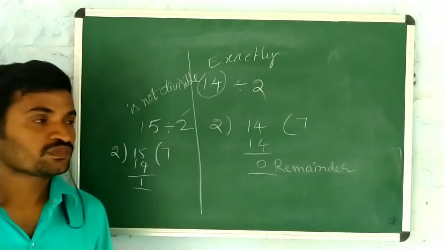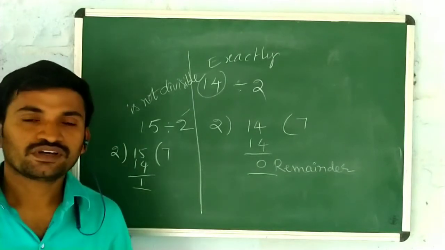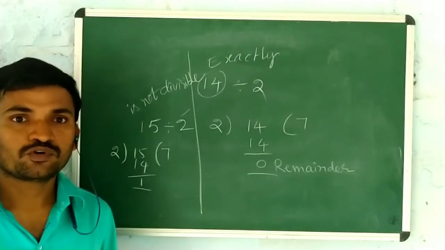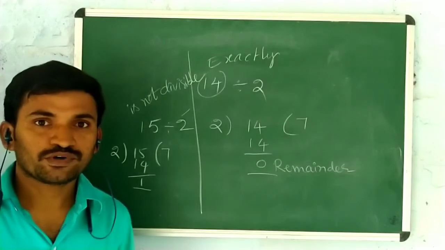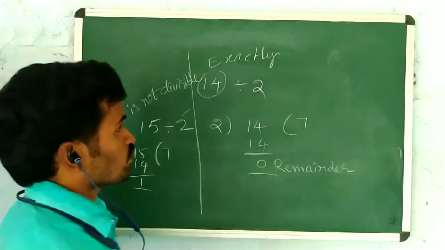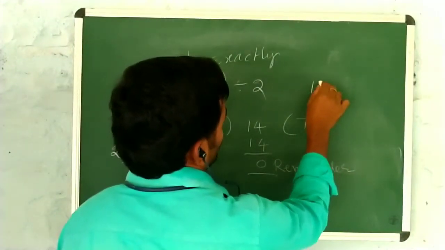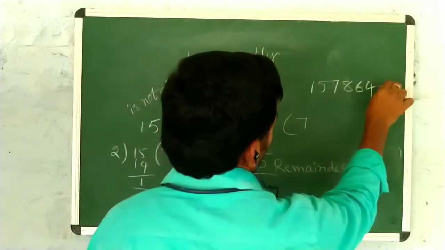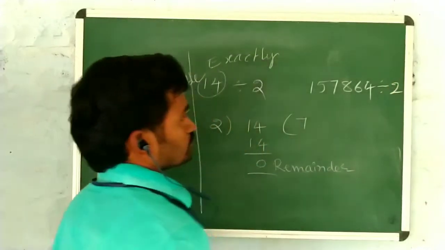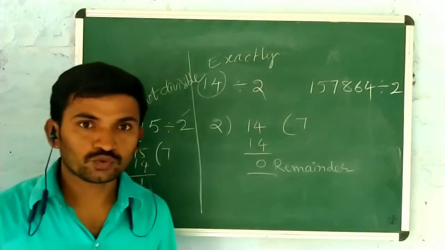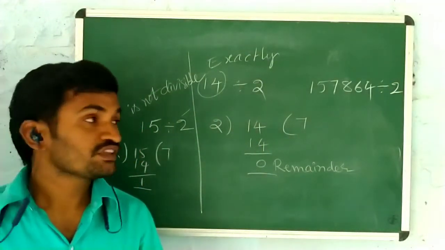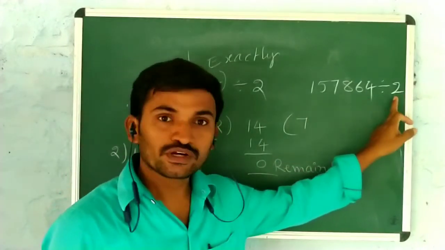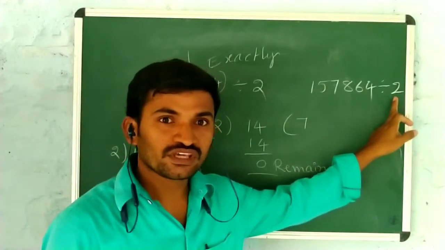For example, if I give large numbers, like 157864 divisible by 2, can you say immediately whether this number is divisible by 2 or not?